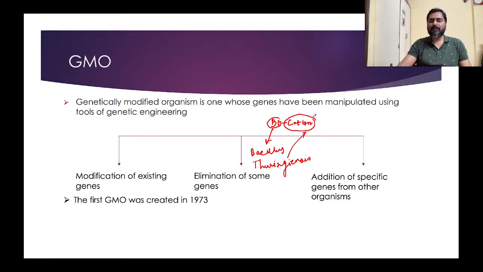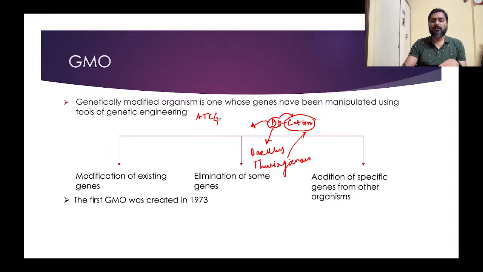So why is it possible that we are able to extract something from bacteria and insert it in plant tissues? It is possible because if you look at the genetic structure of a bacteria and the genetic structure of plants, they are the same. It means bacteria is also using these ATCGs, the nitrogen base pairs that you saw.